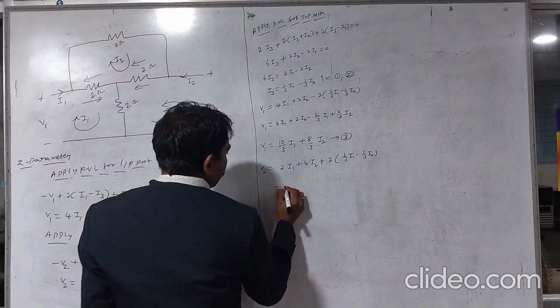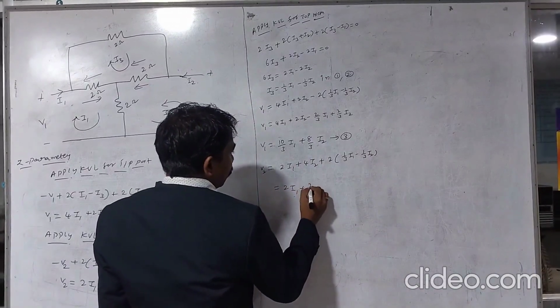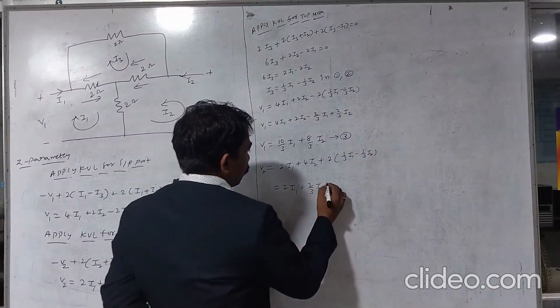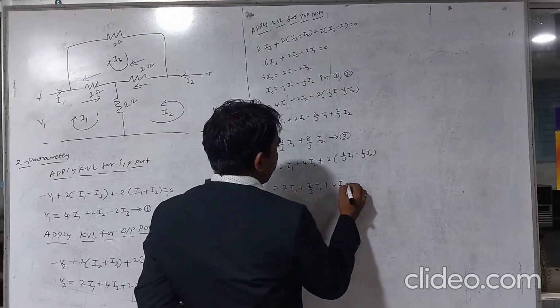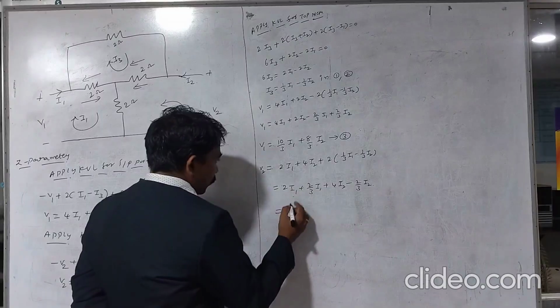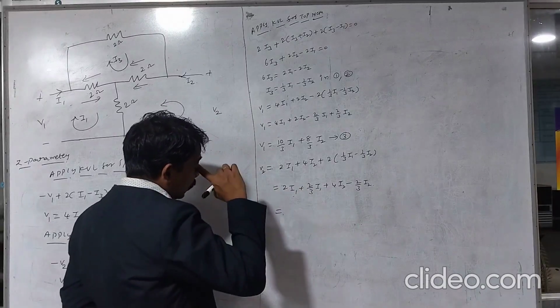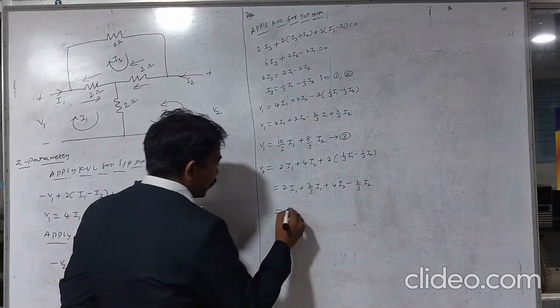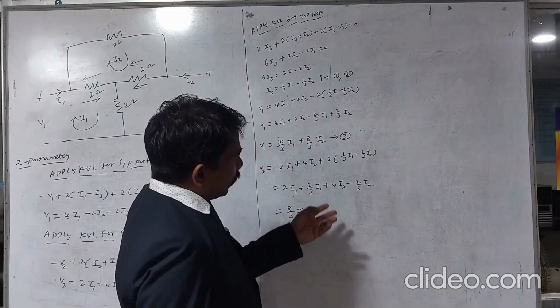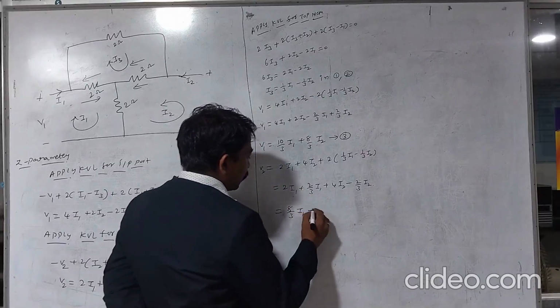Organizing this, 2I1 plus 2 by 3 I1, and then 4I2 minus 2 by 3 I2. So 2 plus 2 by 3: 3 twos are 6, 6 plus 2 is 8, 8 over 3 I1. And 4 threes are 12, 12 minus 2 is 10, 10 by 3 I2.